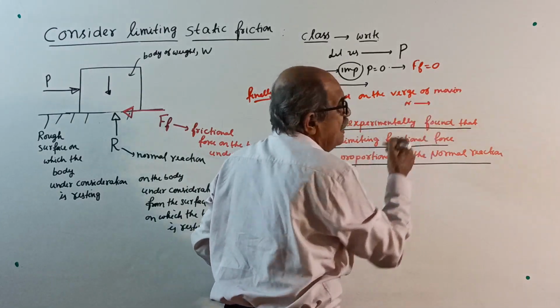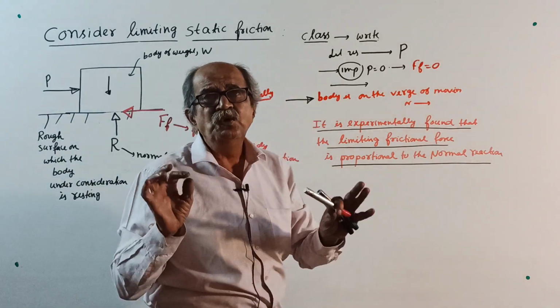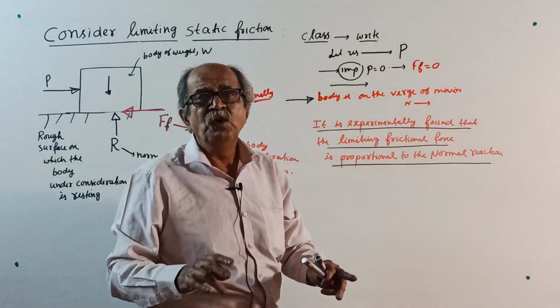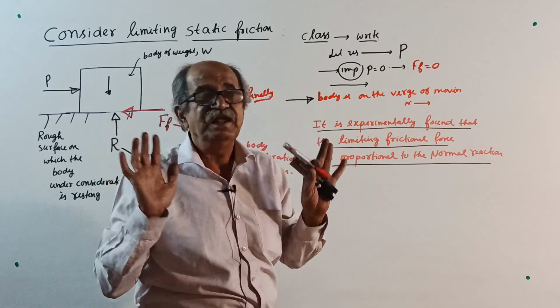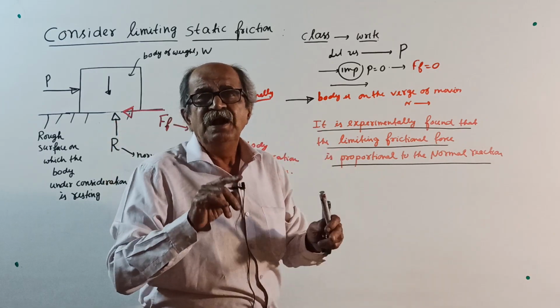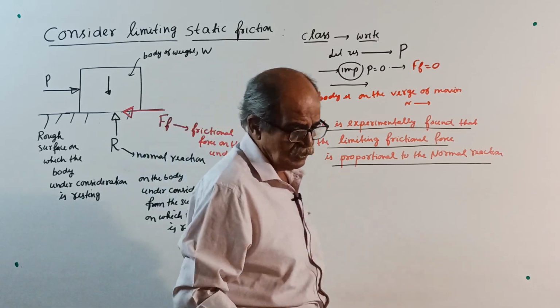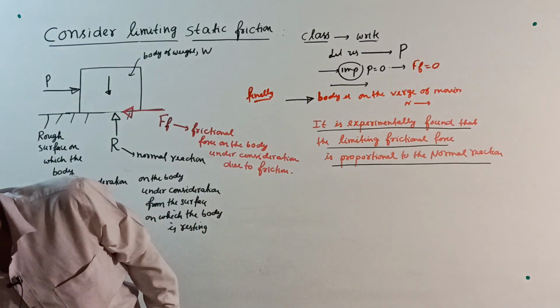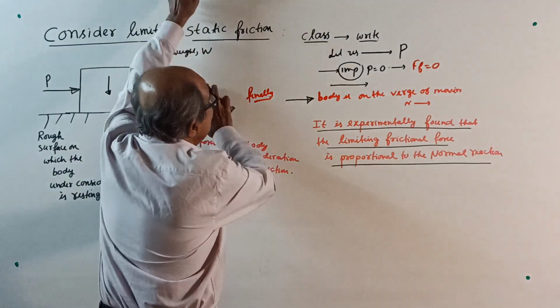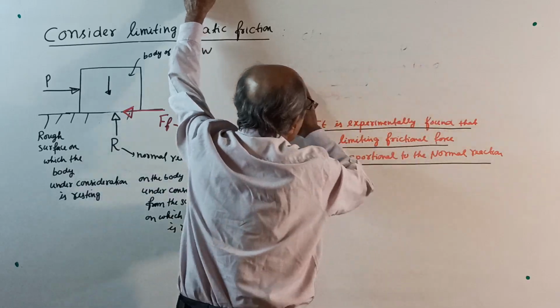Or you can say the body is about to move, or motion is just impending. Not moved, it is on the verge of moving. When all the statements are over, then you write this stage. If you don't write it, you are losing marks.